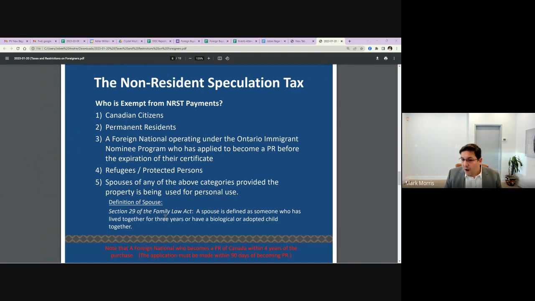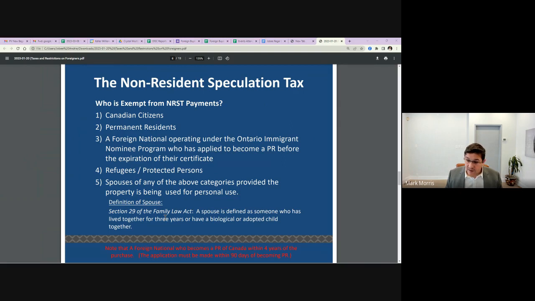Now, the problem with spouses is that spouses in this definition is different than the previous definition of spouse. I know this is complicated. The PPRP definition of spouse is 1 year of living together. The definition of spouse for the NRST is 3 years of living together. So as my clients this week just discovered, they have been living together for 2 years.